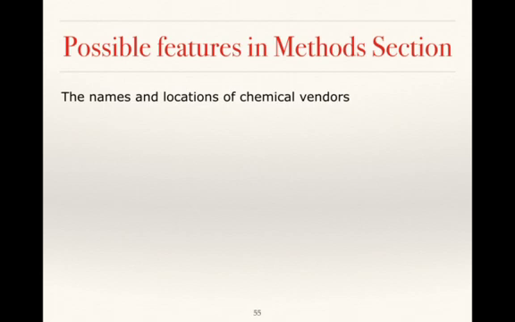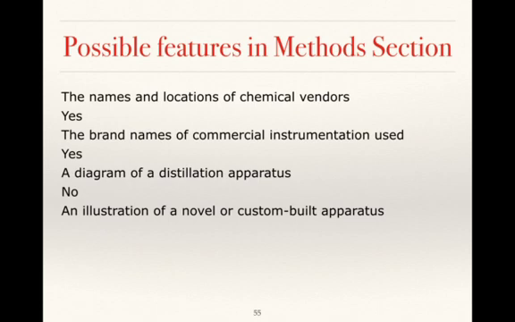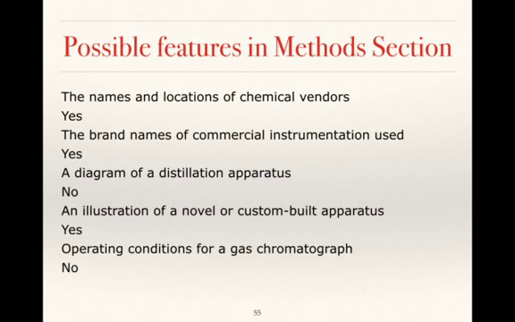The names and locations of chemical vendors? Yes. Brand names of commercial instrumentation used? Yes. Diagram of a distillation apparatus? Nope. An illustration of a novel or custom-built apparatus? Yes. Operating conditions of a gas chromatograph?